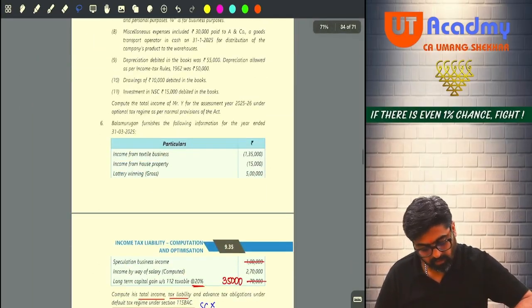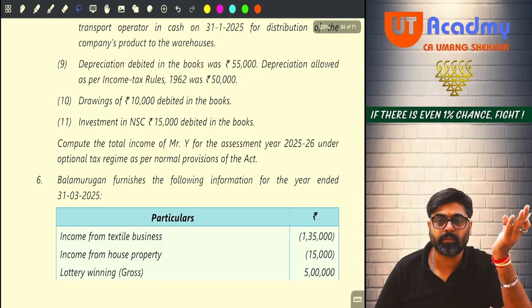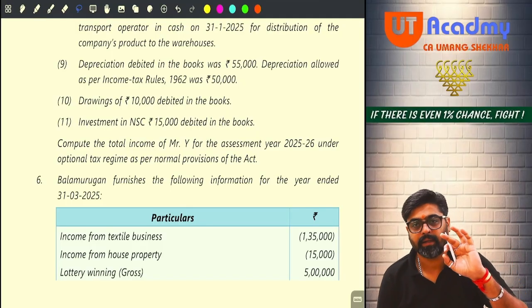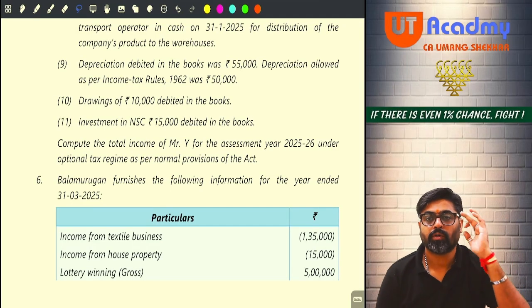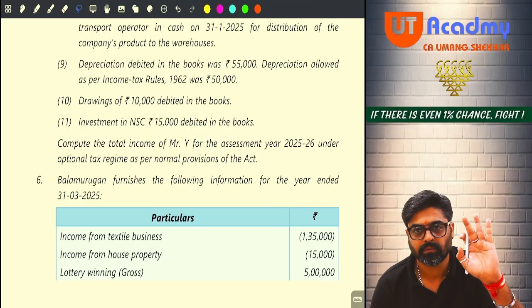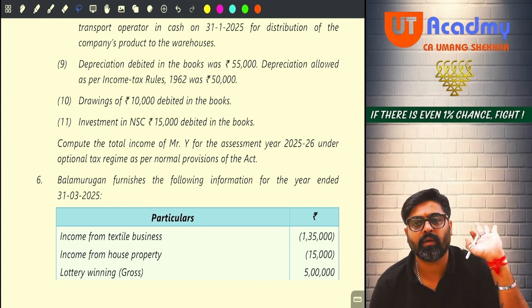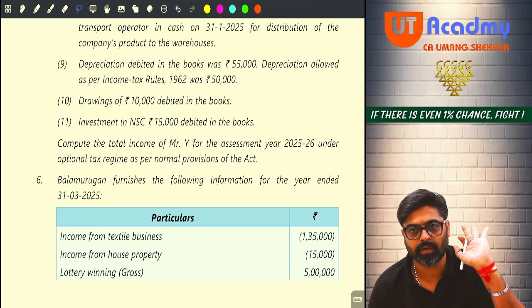Can you see? 11 points are given. So some are debits to P&L, some are credits to P&L, yes or no? So first you have to think that you are reading a P&L only. Then what effect you should give, you are supposed to give.